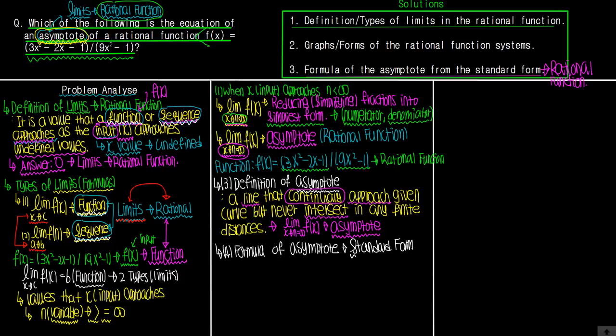What was the standard form, which is the most basic format of our rational function? It was f of x is equal to ax squared plus b, all of them divided by cx squared plus d.